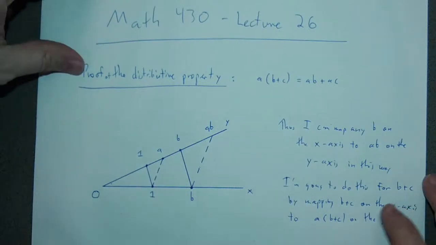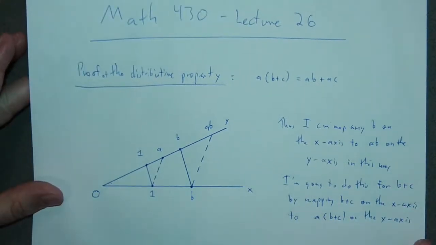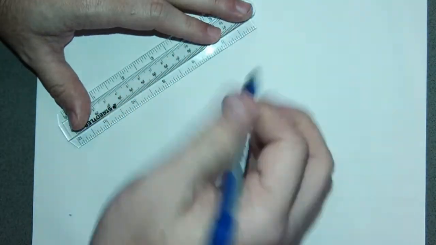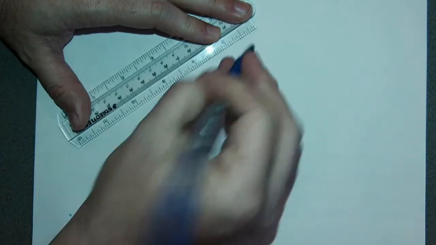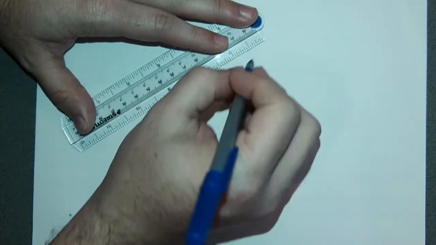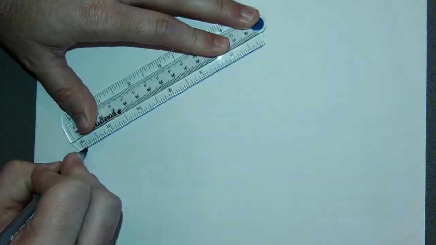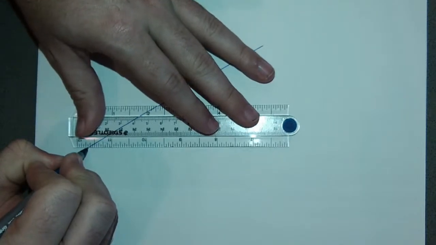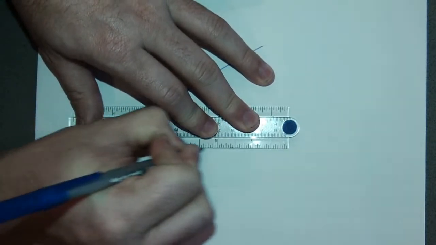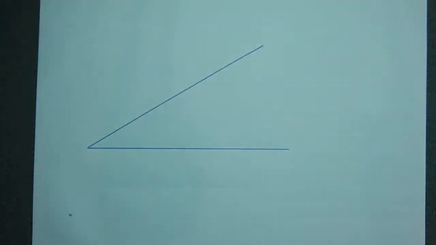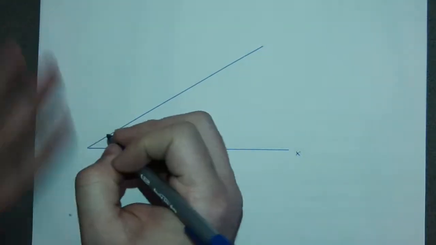Okay, so let's draw our more messy diagram here. Let me give myself plenty of room. So there's my y-axis, and here will be my x-axis. Here's my x-axis.